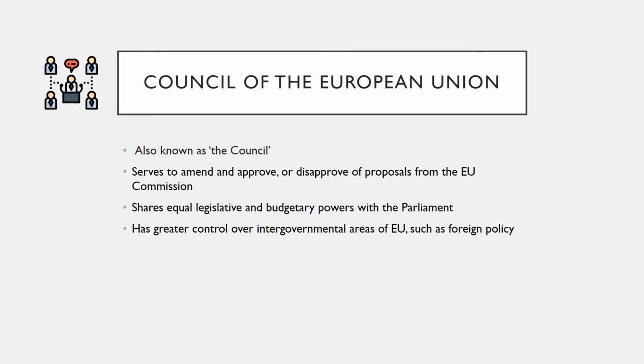The Council of the European Union, also known as the Council, is part of the legislative branch, along with the Parliament. The Council serves to amend, approve, or disapprove proposals from the EU. They propose commissioners for the European Commission, which are approved by the Parliament. They share budgetary powers with Parliament and have greater control over intergovernmental areas of the EU, such as foreign policy.